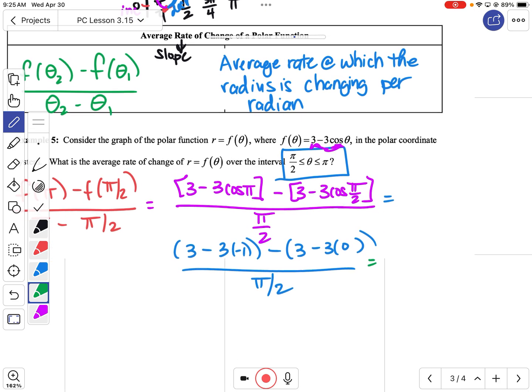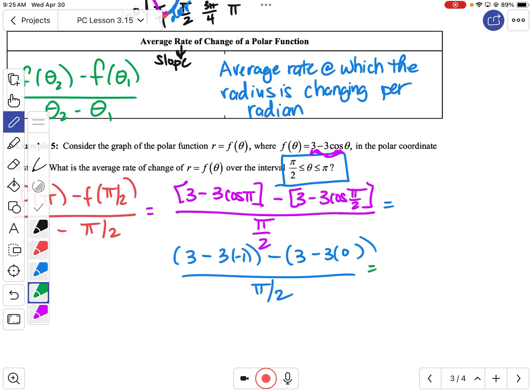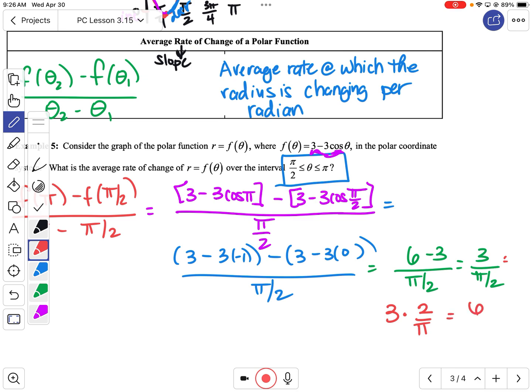Again, just a little bit of nasty arithmetic. 3 plus 3 would give me 6. 3 minus 0 would give me 3, so 6 minus 3 over pi over 2, which is 3 over pi over 2. If I simplified that, what would I do? Keep, change, flip. We're just dividing two fractions. 3 times 2 over pi, or 6 over pi, is my average rate of change.